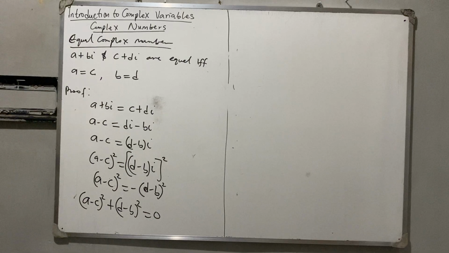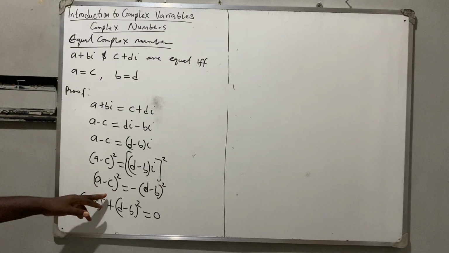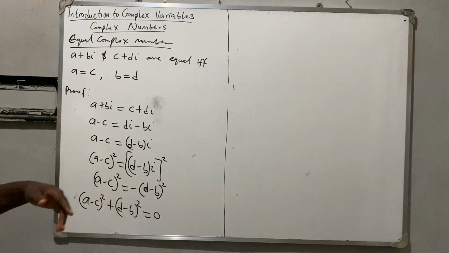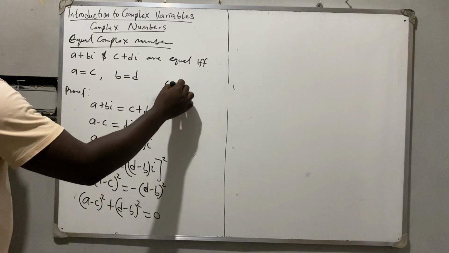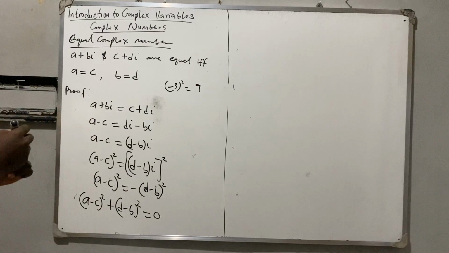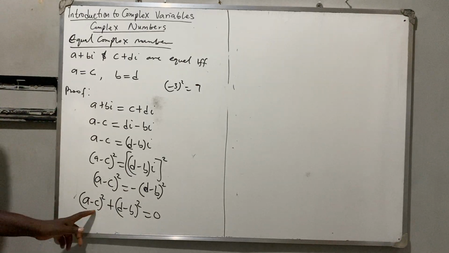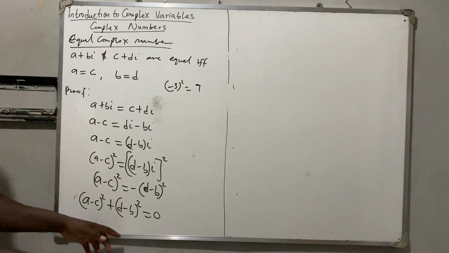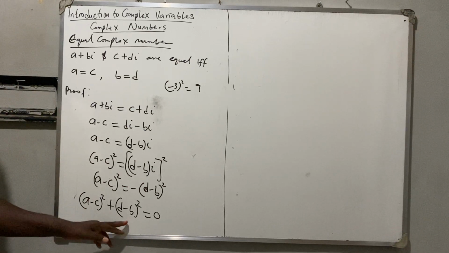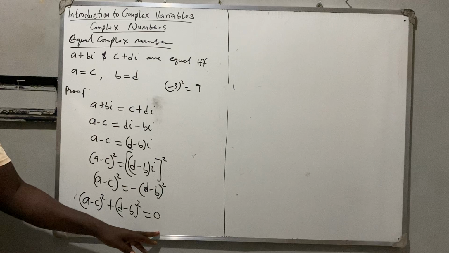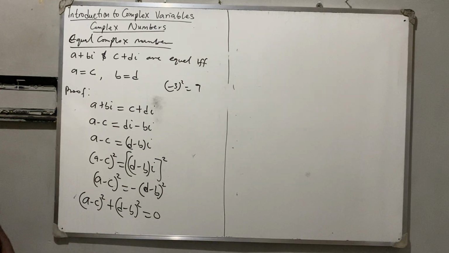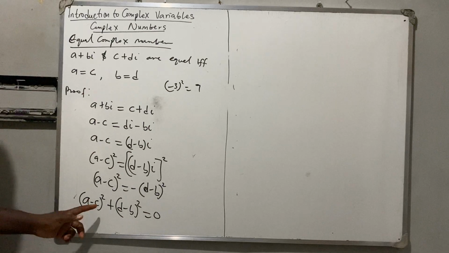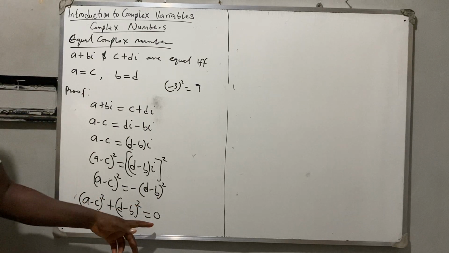Now, remember that the square of any number at all must be positive. Even the square of -3 must give you a positive number, 9. So the addition of two positive numbers must be positive. I hope you know. And the only way you will add two positive numbers and get 0 is that both of them must be 0.